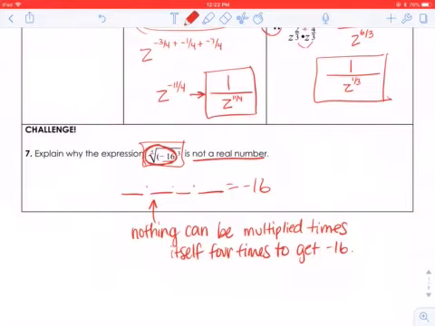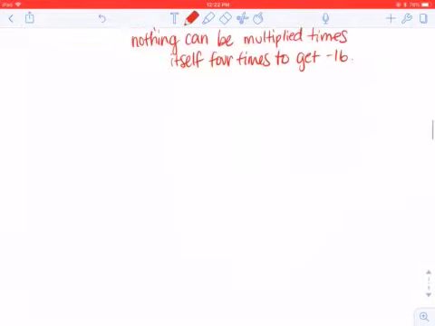All right, so that's why you can't get negative 16. You could use an imaginary number. An imaginary 2i would work, but not for now. So, all right. We don't have to think about that.